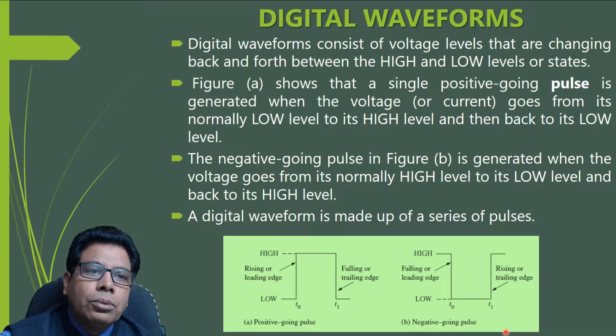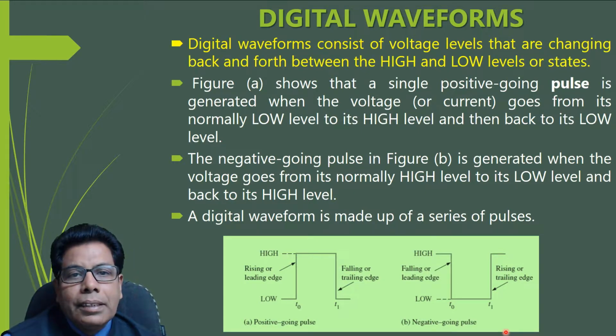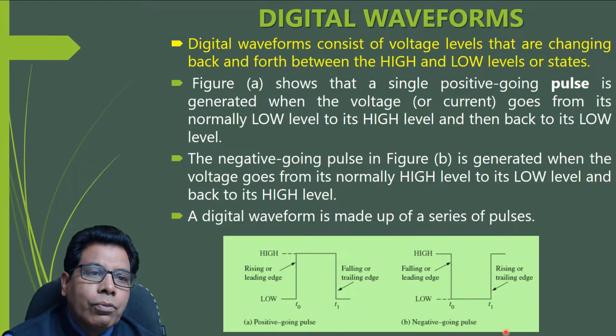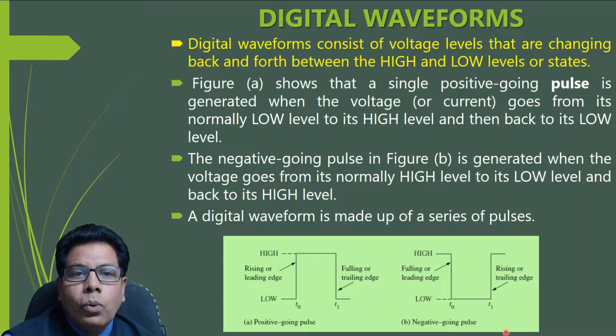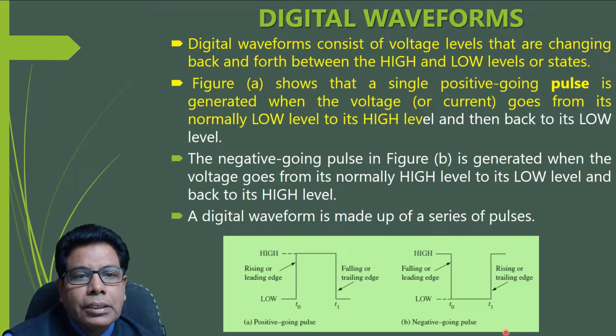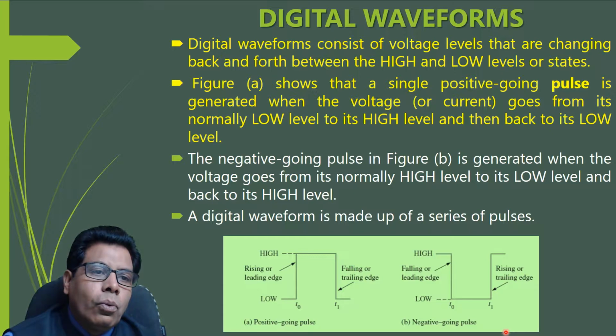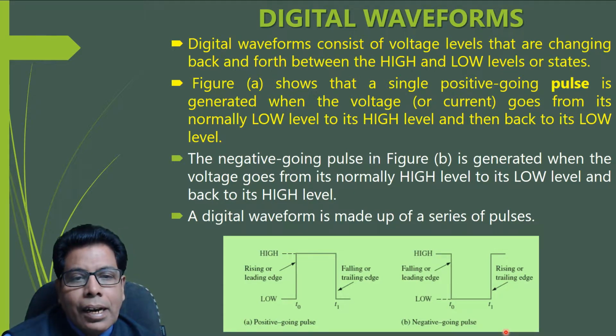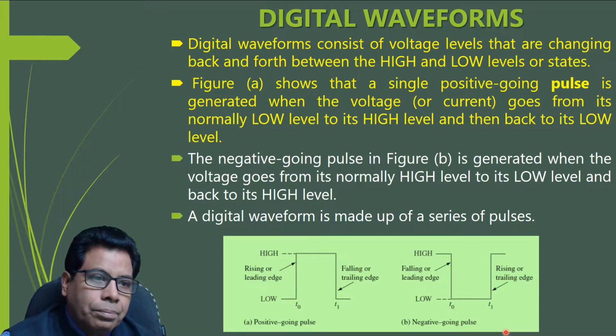Then let us go to digital waveforms. Digital waveforms consist of voltage levels that are changing back and forth between high and low levels or states. Here we have figure 1, which shows a single positive-going pulse, generated when a voltage or current goes from its normal low level to its high level and then back to its low level.